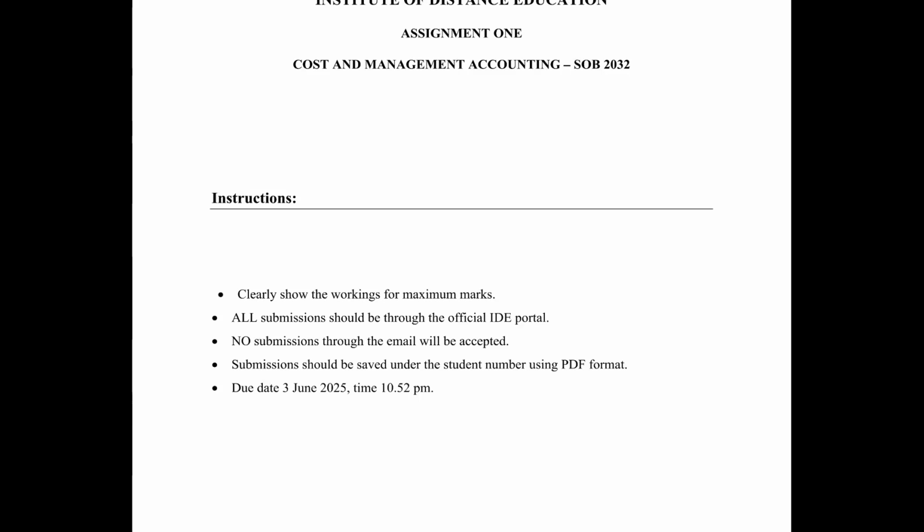We have skipped the costing of labor. We don't want to cost labor this time around, but I think we'll come back to labor costing after some time. Right now, let's learn how to cost the overheads, which is very, very important.